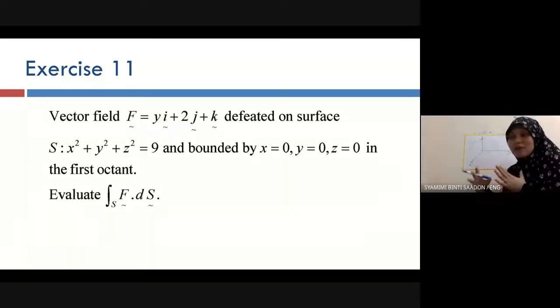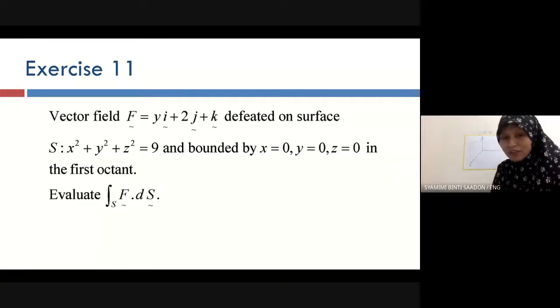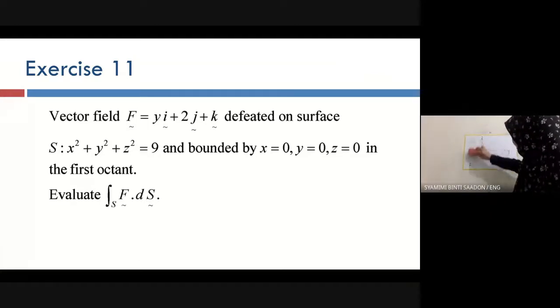If you have x, y, z three axes, that means you have 8 planes. Because the boundary condition for this example is x, y, z at 0, we only consider the first plane, the first octant. So we forget about the other planes. We only consider one plane.